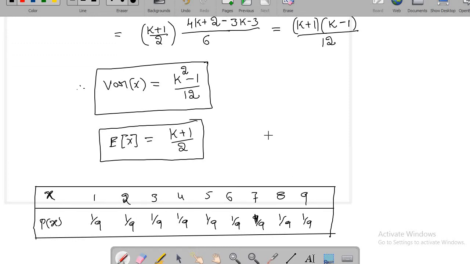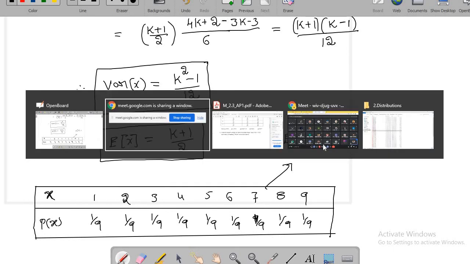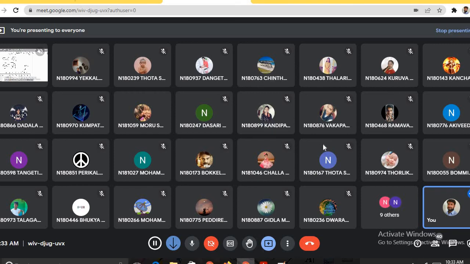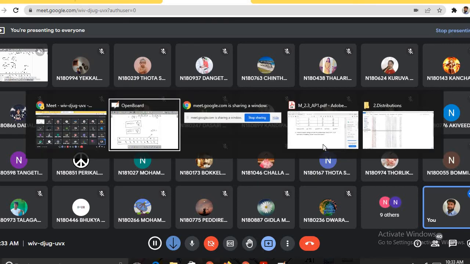Now, can you tell me what is the expected value of x for this problem? I hope you have the formula on the board. Yes, that is 5.